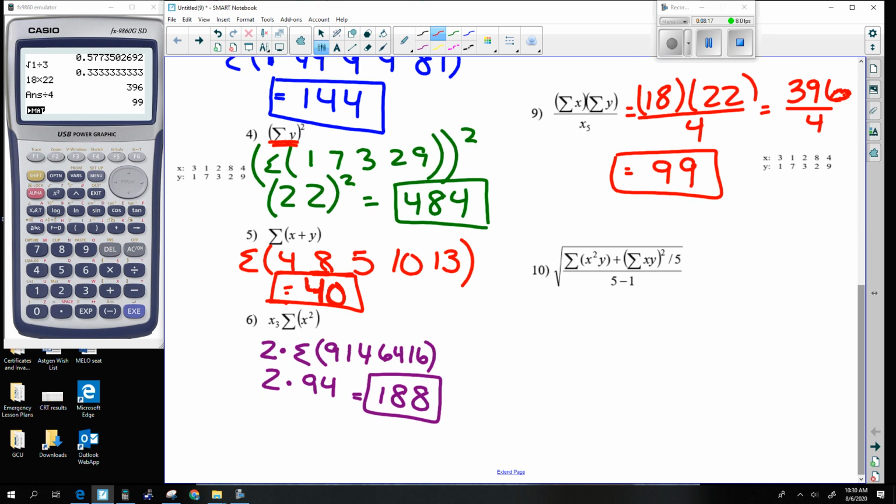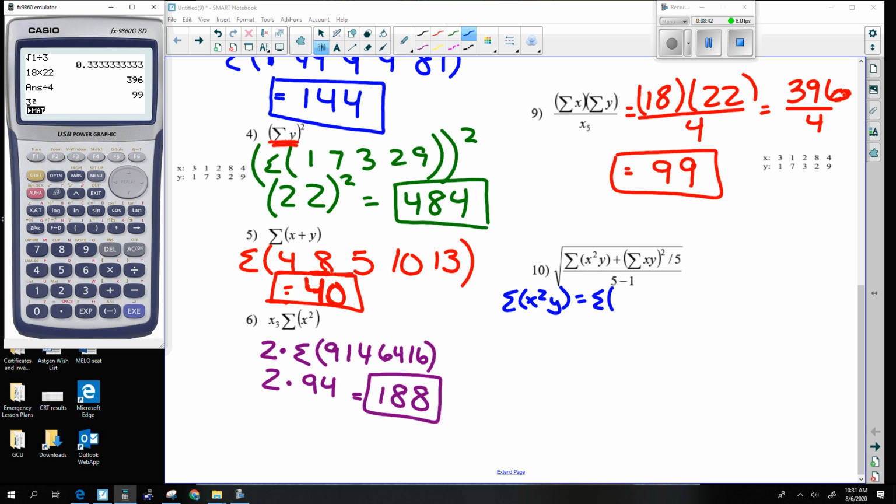Okay, the last problem, which I am going to try to step through one more time. The first problem that I'm going to try to accomplish is the sum of x squared y. So this is going to be the sum of x squared, so that's 3 squared times the y.